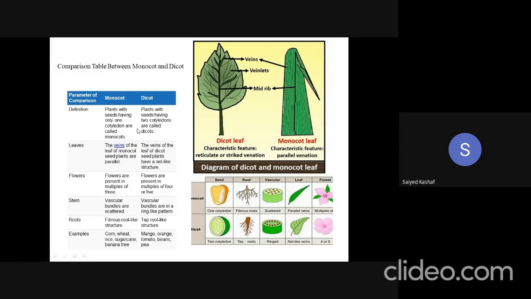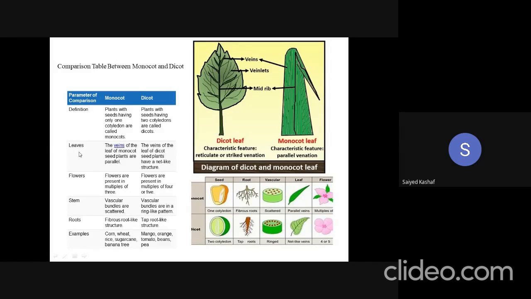These cotyledons are the part of the embryo within the seeds that act as an initial energy source for the plants. The cotyledon of monocot seeds is rather thin and does not contain sufficient food material, while in dicot seeds, they are fleshy and contain enough nutrients. You can see the monocot and dicot seed.